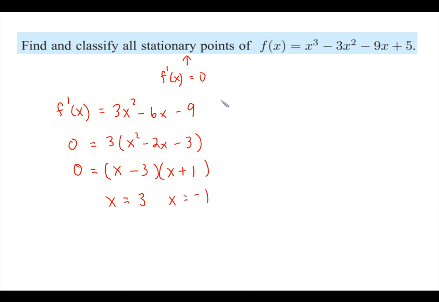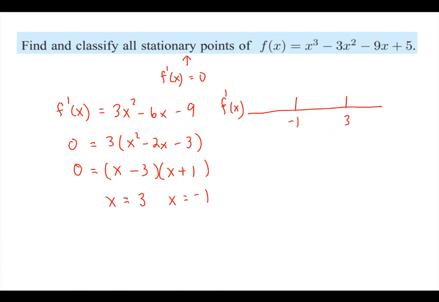The next thing you want to do is make your sign diagram of the first derivative. Our values are negative 1 and 3, the values where the derivative will equal 0. Then we need to test some points.